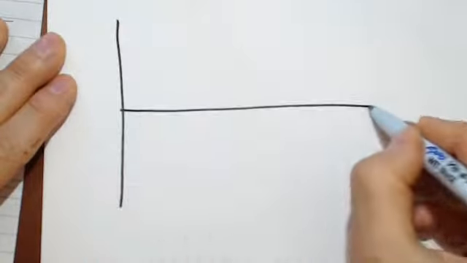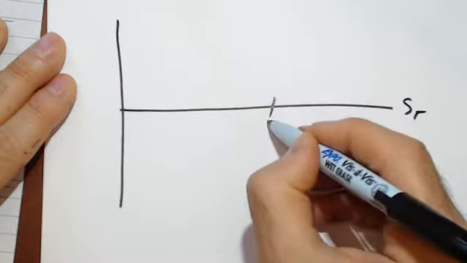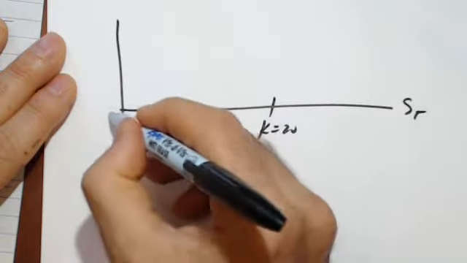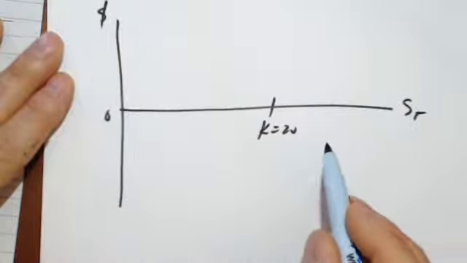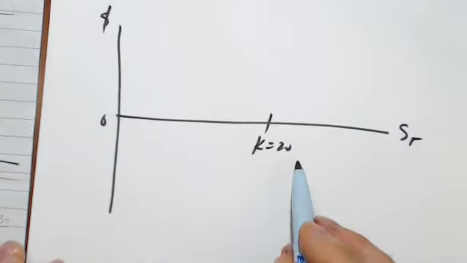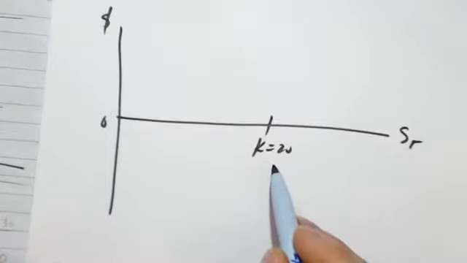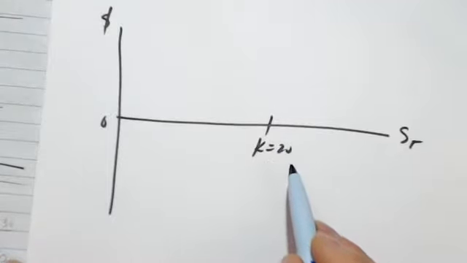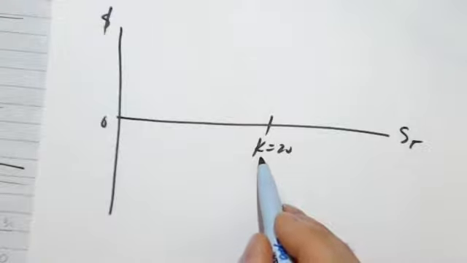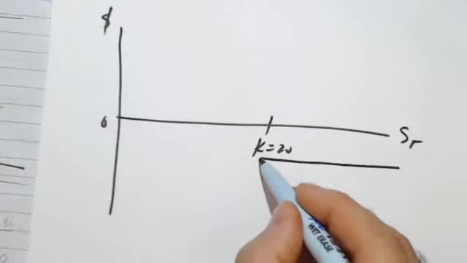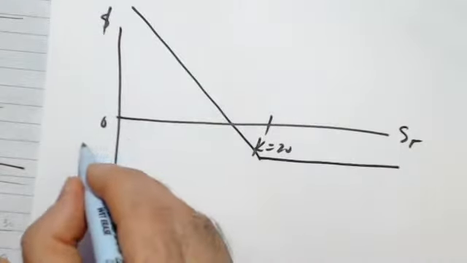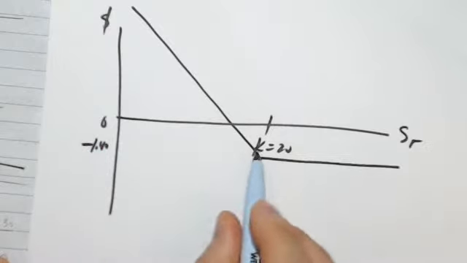Now, graph. We bought the put. Let's see, the put cost $1.40. So this would be minus 140 here.